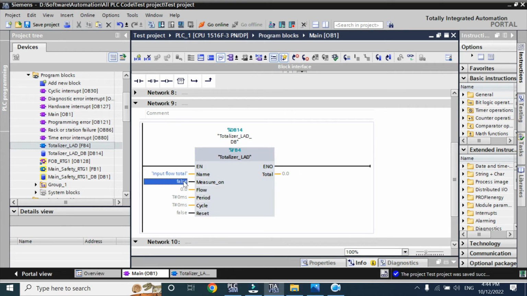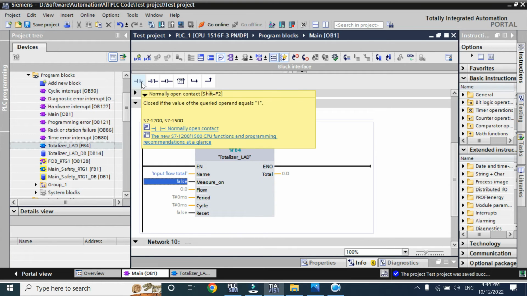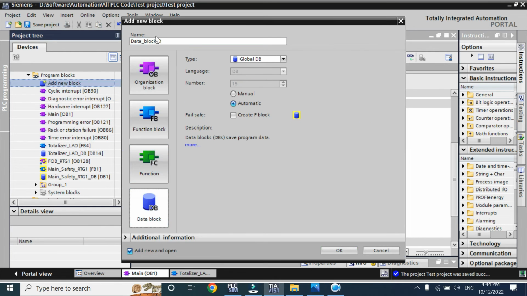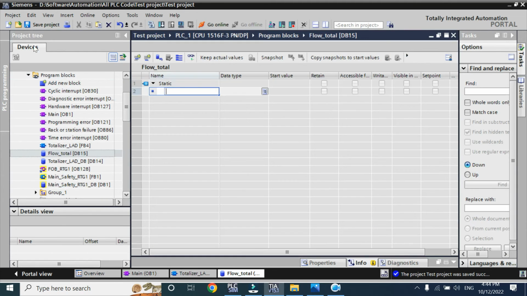Okay, now measure on, and for this measure on you have to give when it will measure. There I will take a data block, that is flow total data block name.